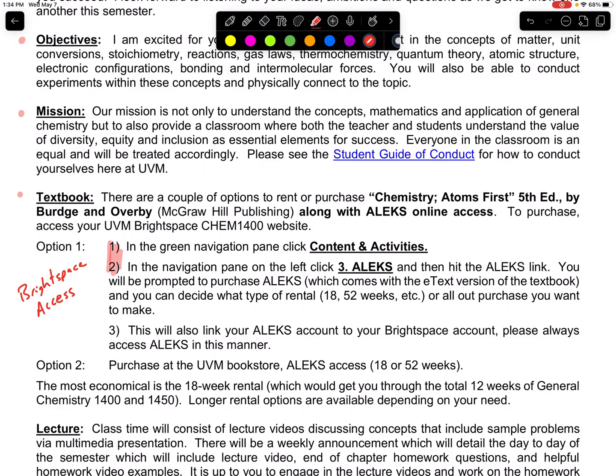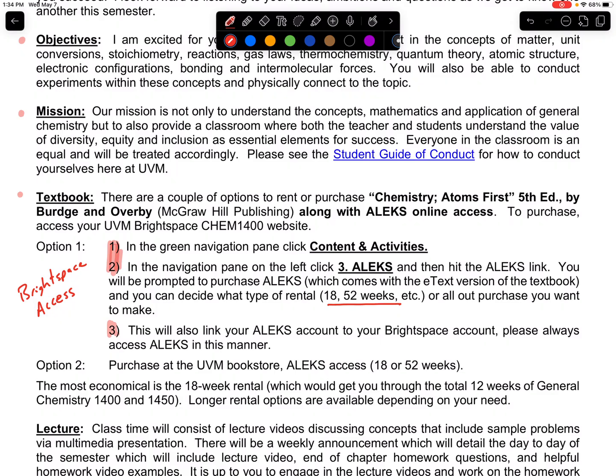Once you click that ALEKS link for the first time, you'll be prompted to purchase an ALEKS account, which can come in a couple of different fashions. You can get an 18-week or a 52-week license. It really depends on what you think you're going to need. For the summer, 18 weeks would suffice for both Chem 1 1400 and Chem 2 1450.